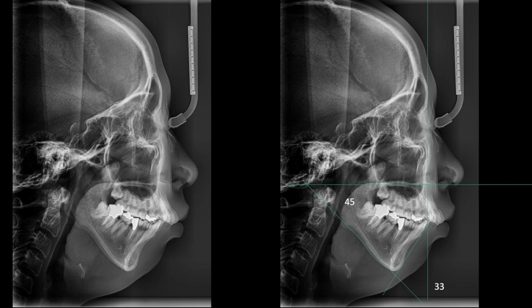So please evaluate the lateral cephalometrics with my method. It will give you a stronger opinion about the orthodontic result. So it's very important before you start orthodontic treatment, okay?